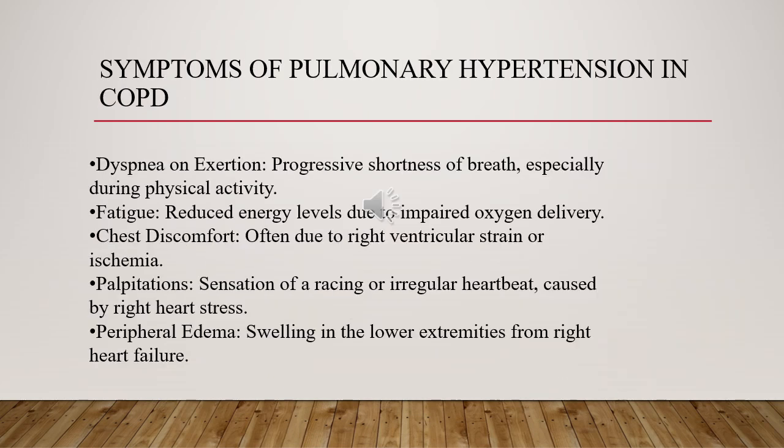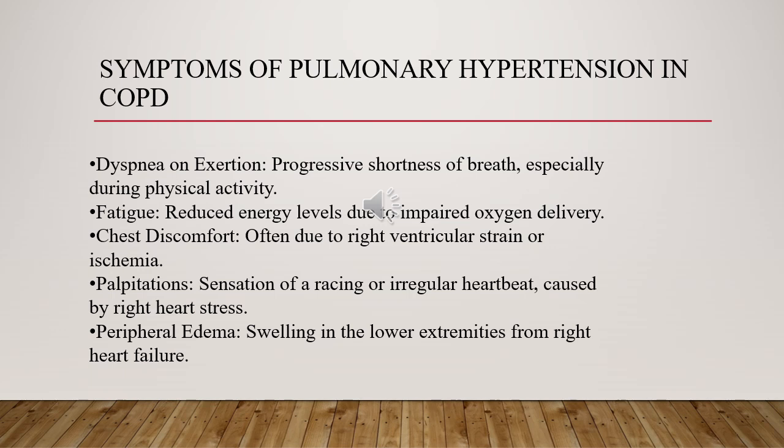Pulmonary hypertension, in the context of chronic obstructive pulmonary disease, presents a complex symptomology that compounds the challenges of managing COPD alone. One of the earliest and most noticeable symptoms is dyspnea, or difficulty breathing, which becomes more prominent during exertion and progressively worsens as pulmonary hypertension advances.